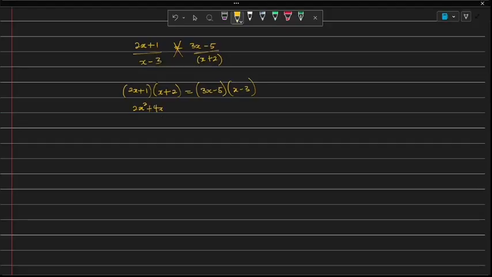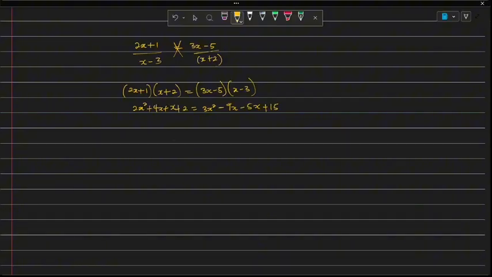Feel free to press your calculator. 1 times x gives us x. 1 times 2 gives us 2, right? Equals to 3x times x gives us 3x squared. 3x times minus 3 gives us minus 9x. Minus 5 times x gives us minus 5x. Minus 5 times minus 3 gives us plus 15.